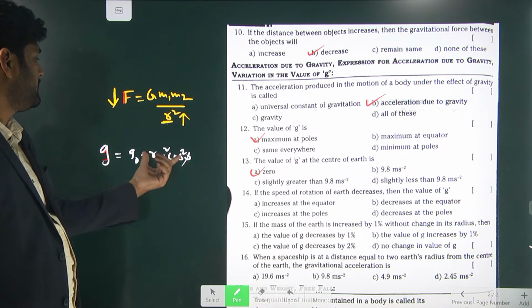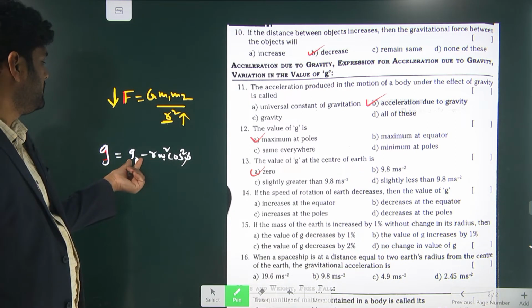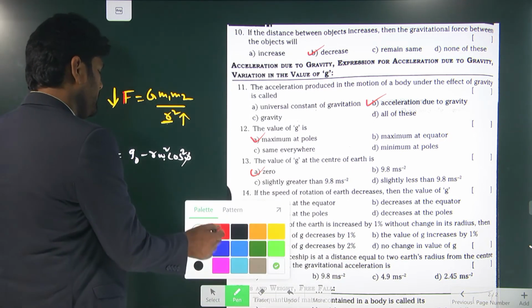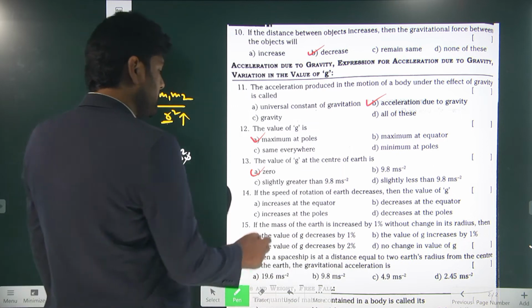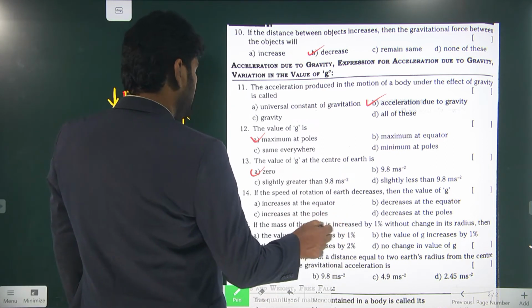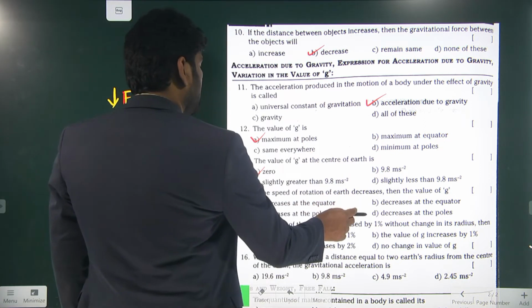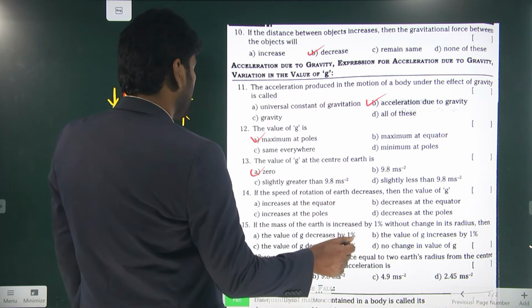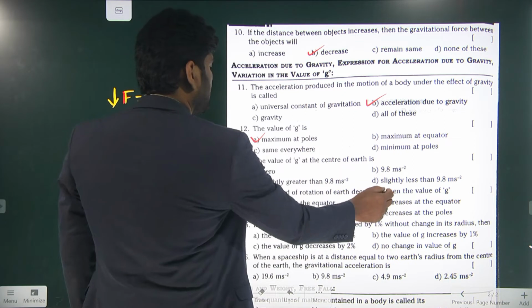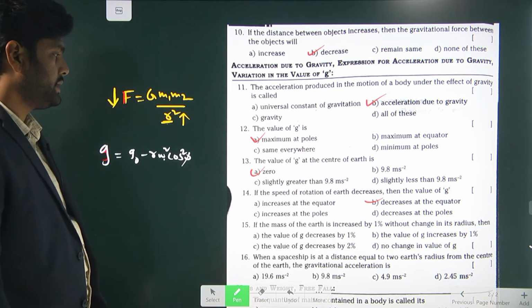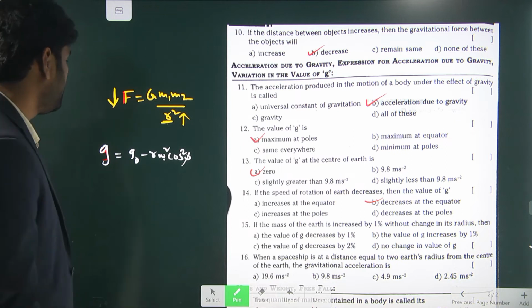When omega increases, this value increases, and g will decrease. So the answer: decreases at the equator, increases at the poles. Here it decreases at the equator, so decreases at the equator is the correct answer.